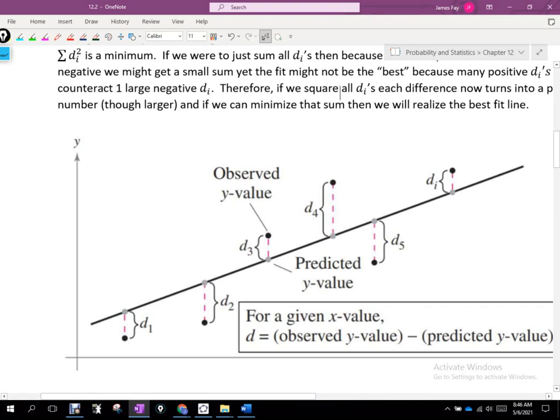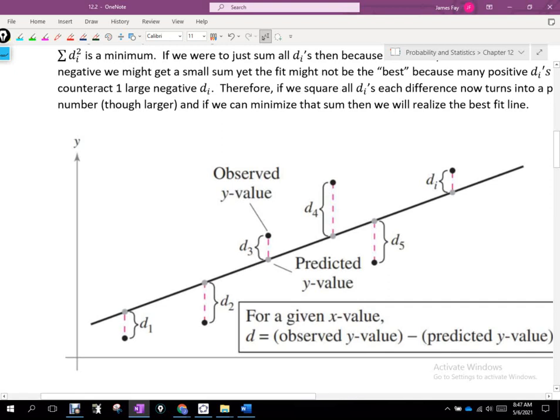But the distance between a data point and any of those lines, so we'll just use this black line as one of those many lines that we put in here, that distance is referred to as D sub 1 for that first point. This distance is D sub 2, that's D sub 3. So this is the observed value, and this point right here on the line would then be the predicted y value.